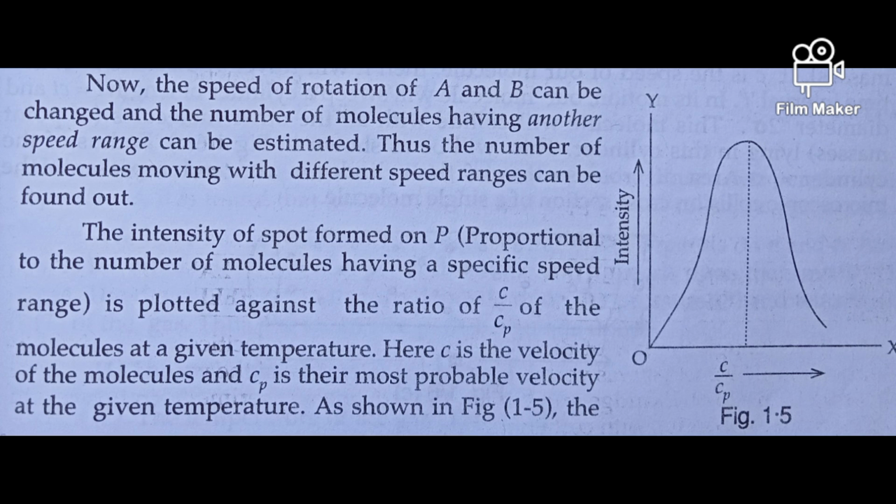So in this way we can calculate the number of molecules in a given range of speed, that is, the ratio c/cp. Here c is the velocity of the molecules and cp is their most probable velocity at the given temperature.